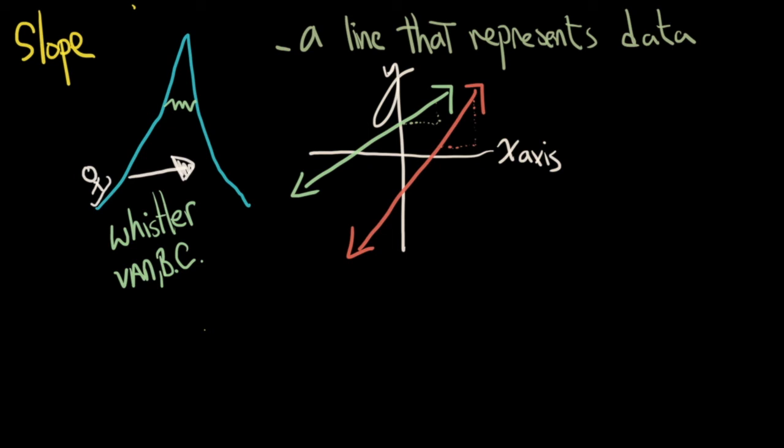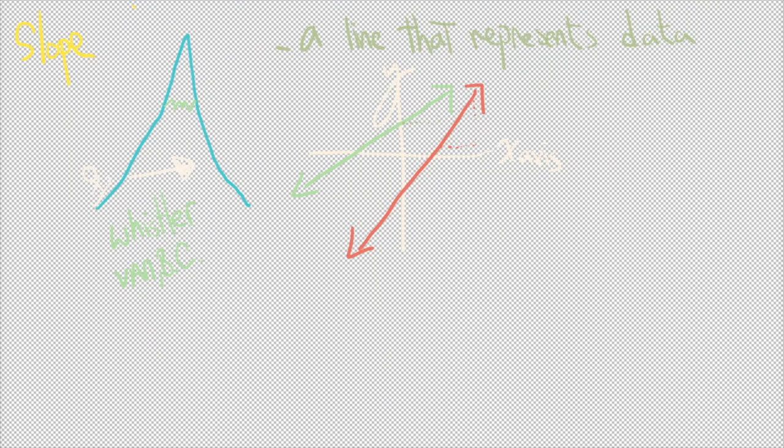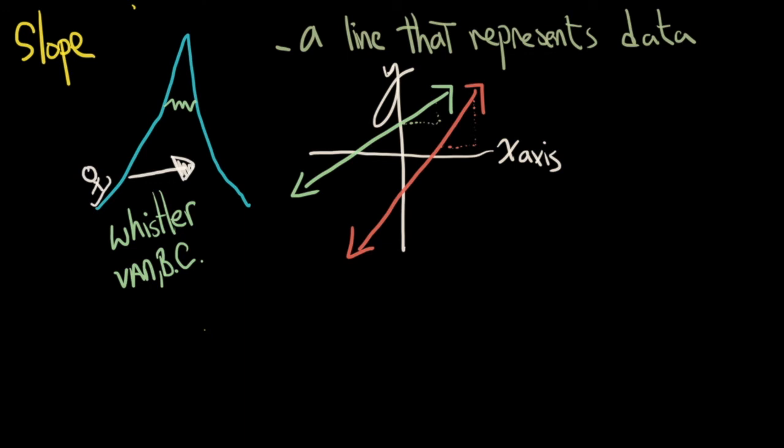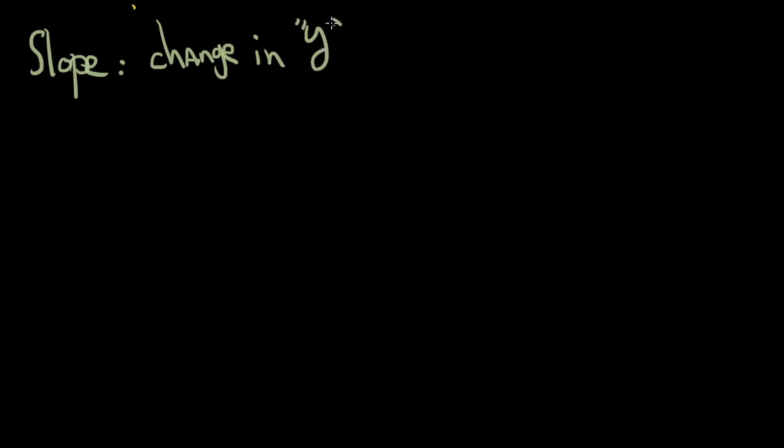So let's get into some definitions, because that's really going to help. I'm going to give you different ways that we talk about slope. We say this in math: the change in y divided by, or over, the change in x.